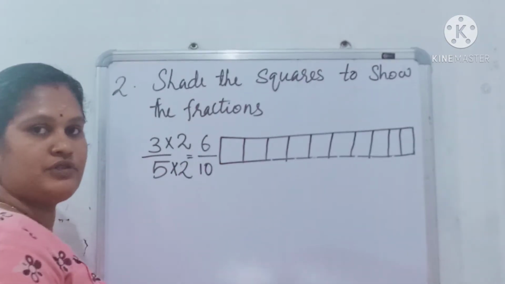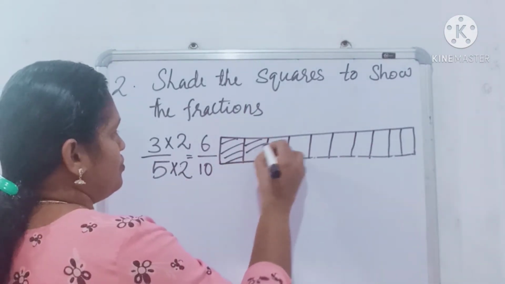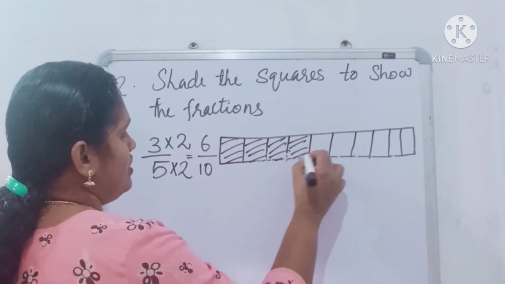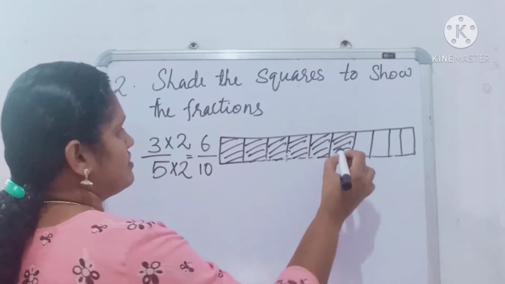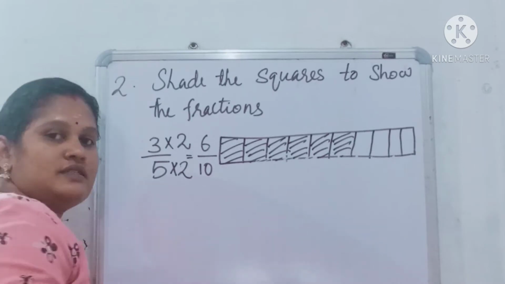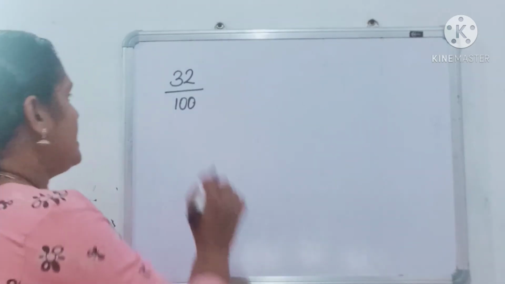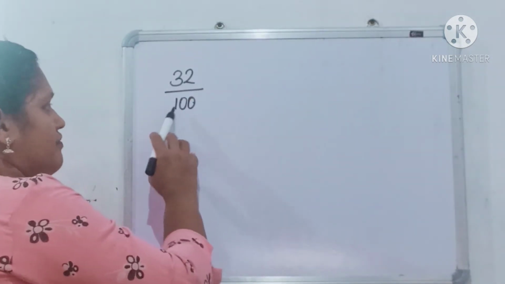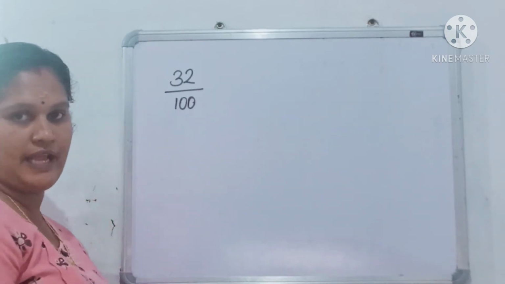How many do we have to shade here? 6. 1, 2, 3, 4, 5, 6 squares. This is the 3 by 5 part of 10 squares. Clear? Listen children. 32 by 100. The denominator is 100, 1 followed by 2 zeros. So this is a decimal fraction.